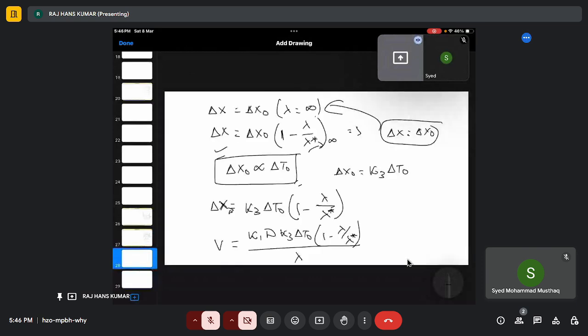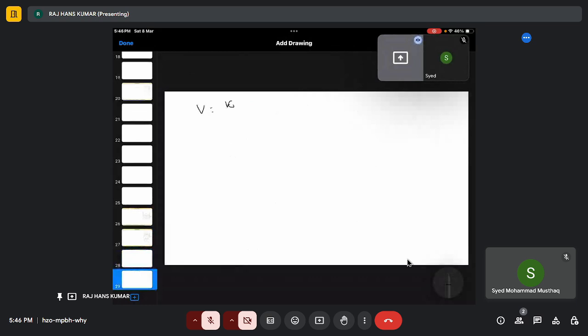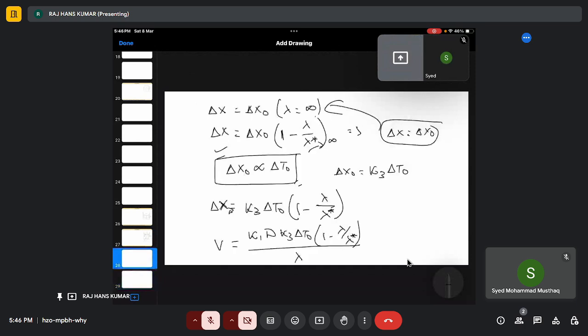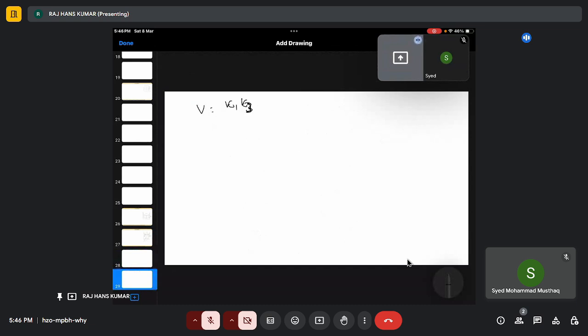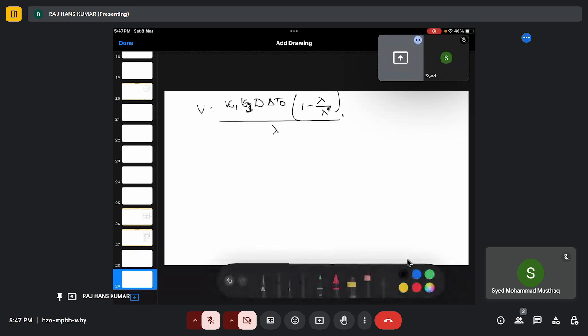V equals to, now combining the constants K1 and K3, you will have D and also delta T naught, and I have 1 minus lambda star upon lambda, upon another lambda. So yeah, this is our final relation.